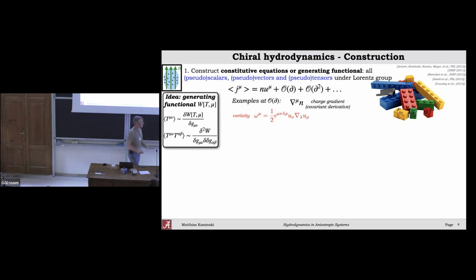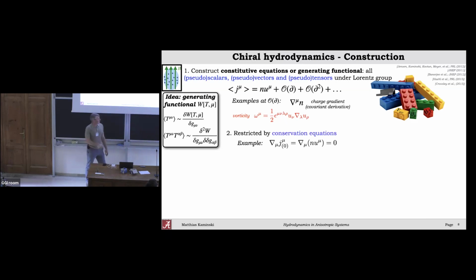This is not what we do here. We have a hybrid approach where for the dissipative stuff we use the entropy current argument, and for the hydrostatic terms we derive them using a generating functional that we construct in this way.